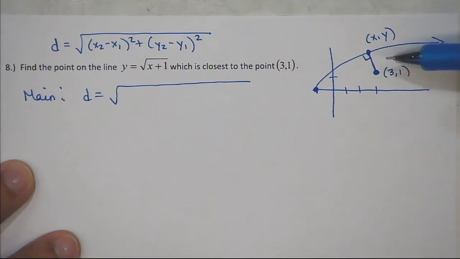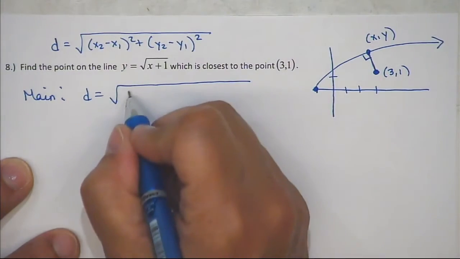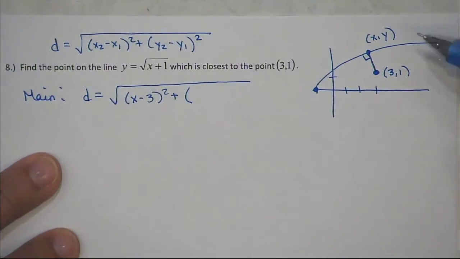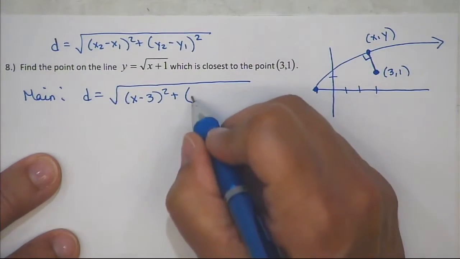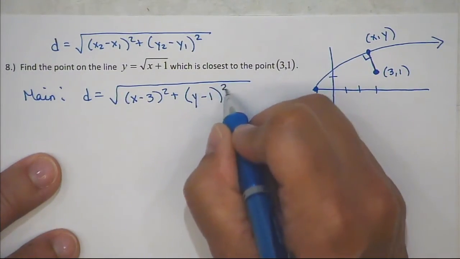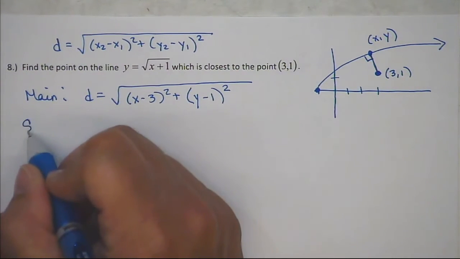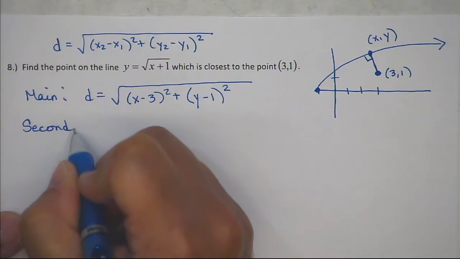All right, so main equation, distance. We're going to subtract the x's. So x minus 3 squared, plus, and then subtract your y's, so y minus 1 squared. All right, what's our secondary equation? They always give you that.